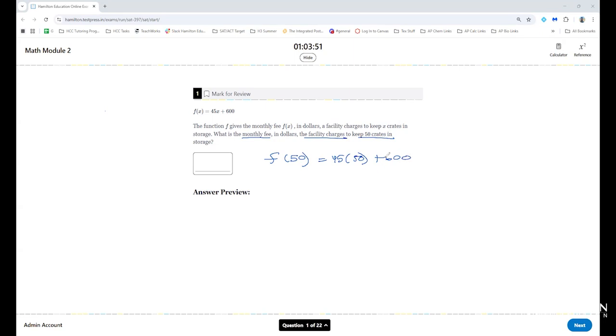We can grab our calculator, and after plugging into your calculator, you should get 2,850. We type it in, and we are done. On to question 2.